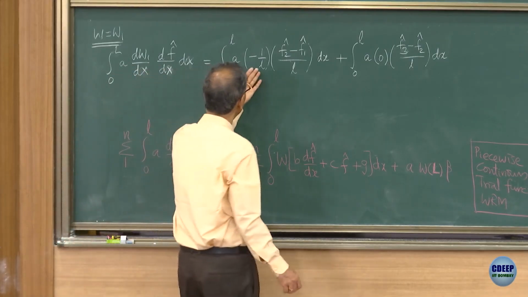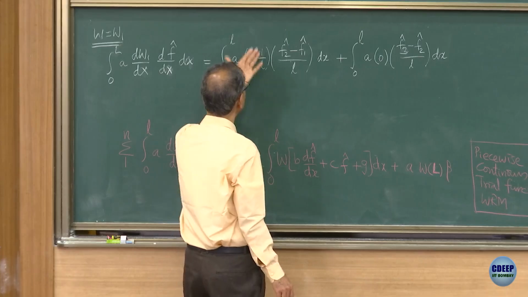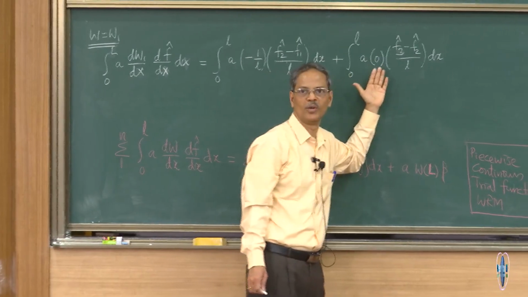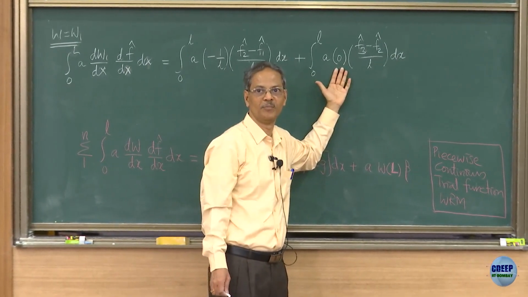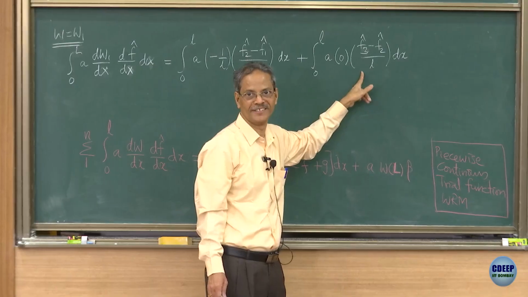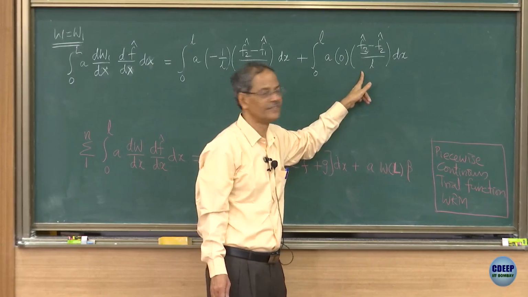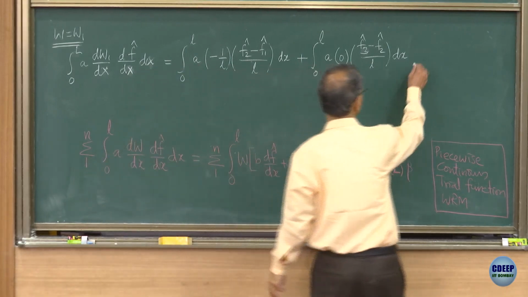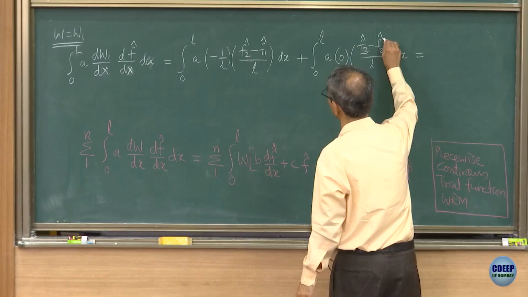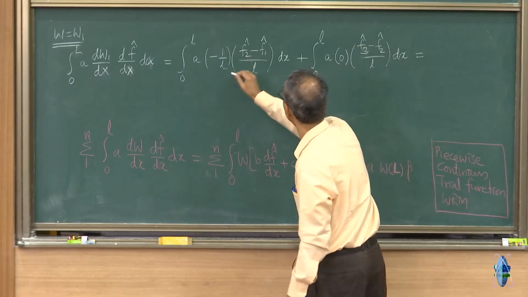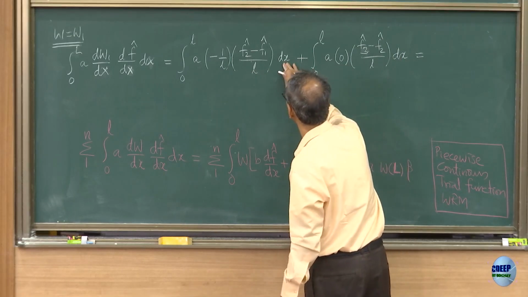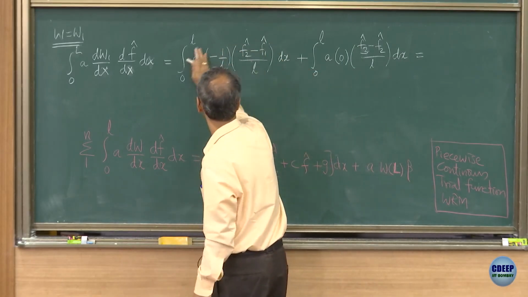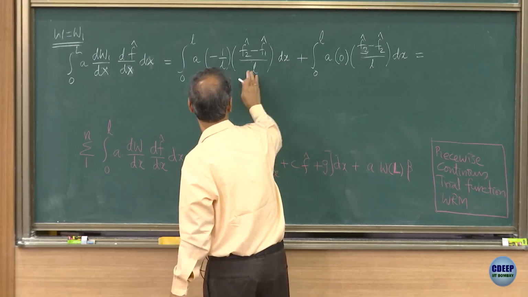First element, when I take W1, dW1 by dx is minus 1 over L. Over the second element, W1 is 0, so dW1 by dx is anyway 0, but the dF by dx has changed. Fine. So this goes off. This whole thing is a constant, so dx is L, and L goes off.